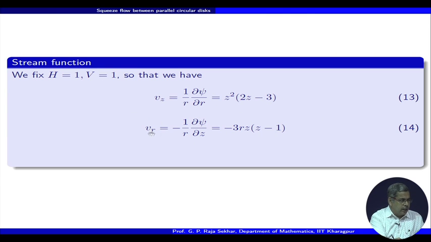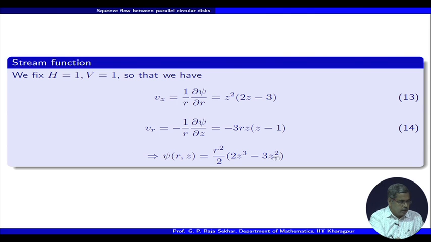Then one can integrate this to get the stream function. The calculation is very straightforward, so I am not explaining the integration. You can try yourself and see that the corresponding stream function is this.